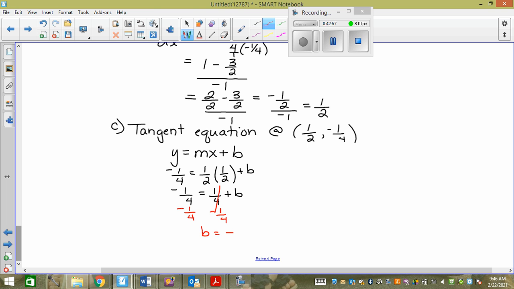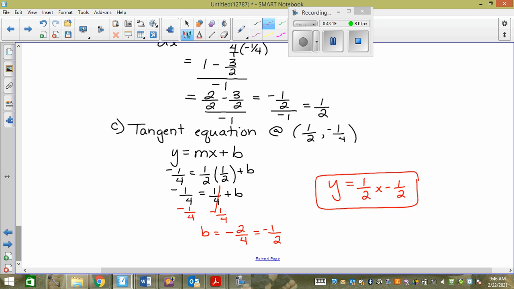B equals -2 over 4, which is -1/2. Because when you subtract or add fractions, you keep the denominators and do the math to the numerators, right? So we're going to get y equals 1/2 x minus 1/2.